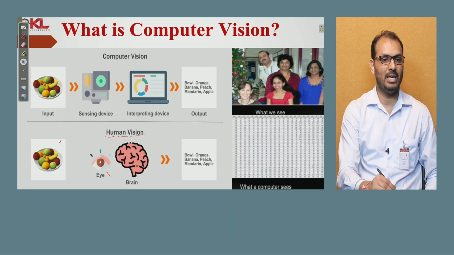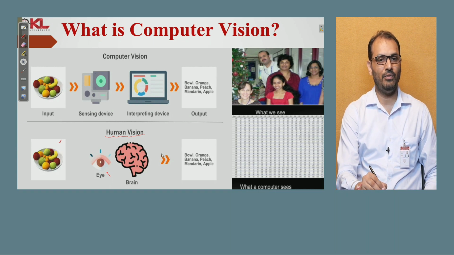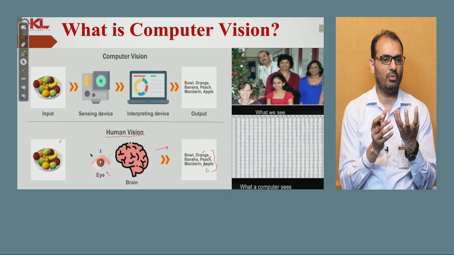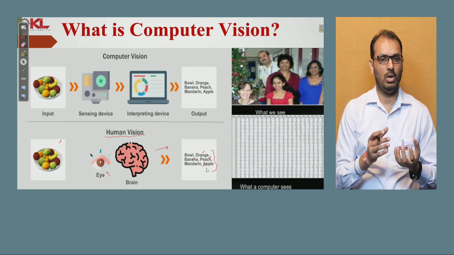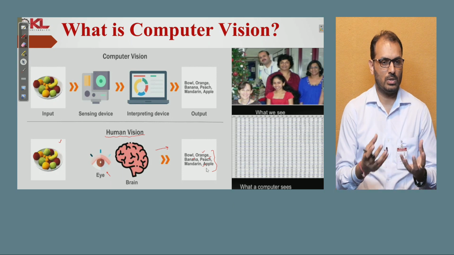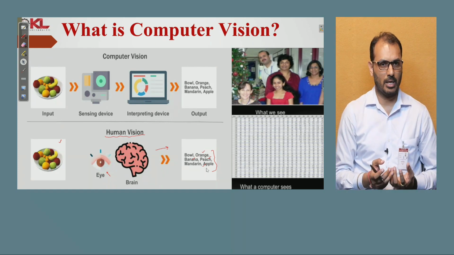When this picture comes to your brain, the brain gives the signals. Yes, in the particular bowl you have a number of oranges, bananas, peaches, apples, and various fruits available in one bowl. That is how a human sees any object.